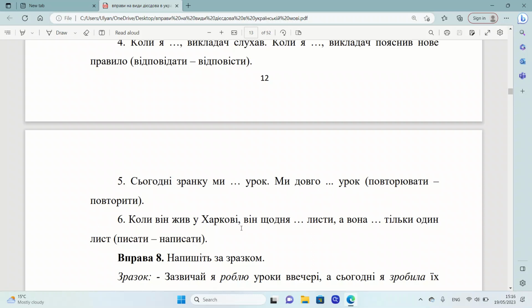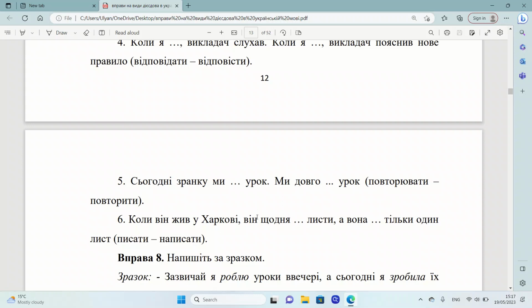Коли він жив у Харкові, він щодня листи, а вона тільки один лист. So when he lived in Kharkiv, he every day probably wrote some letters, and she only wrote one letter. So коли він жив у Харкові, він щодня, so we have писати, написати, to write.